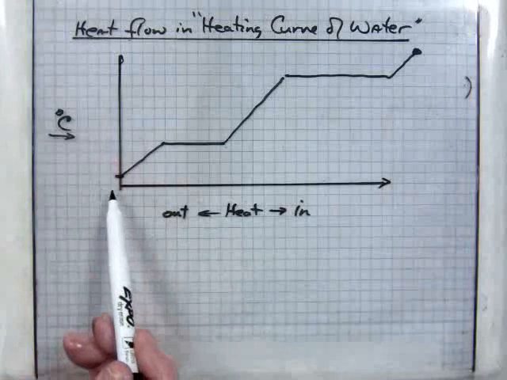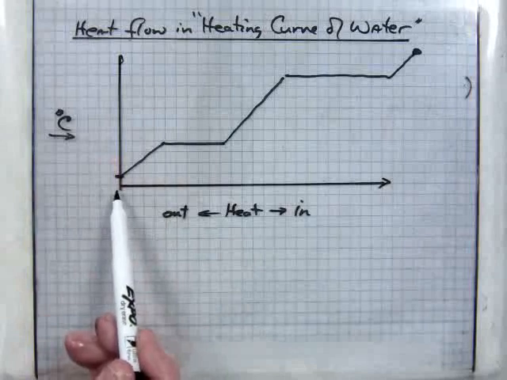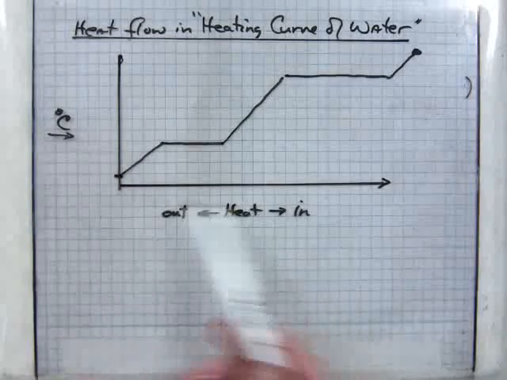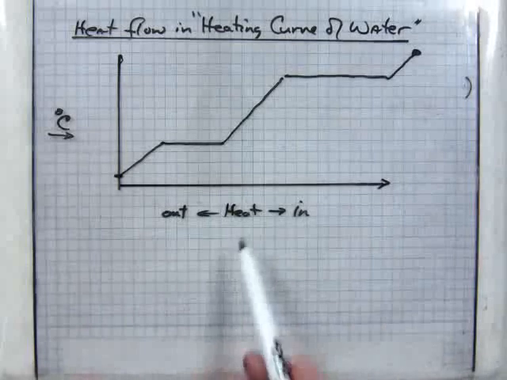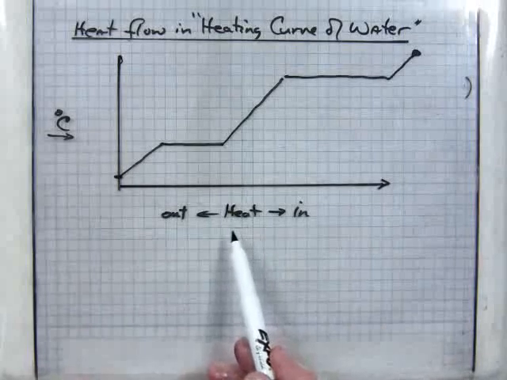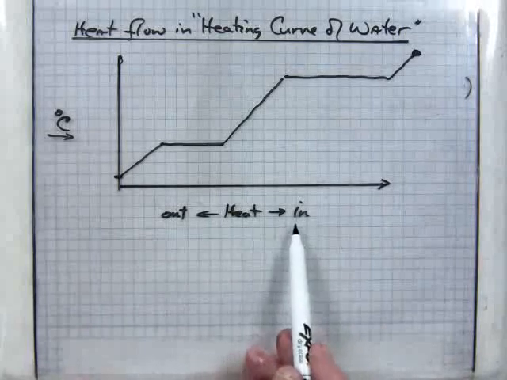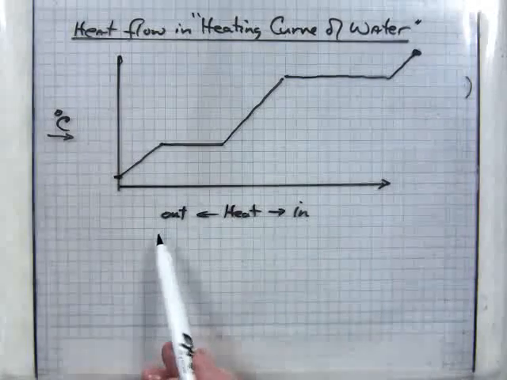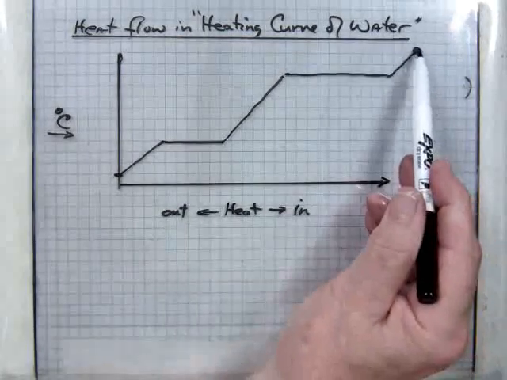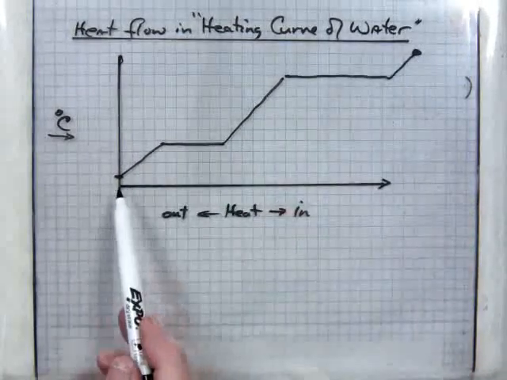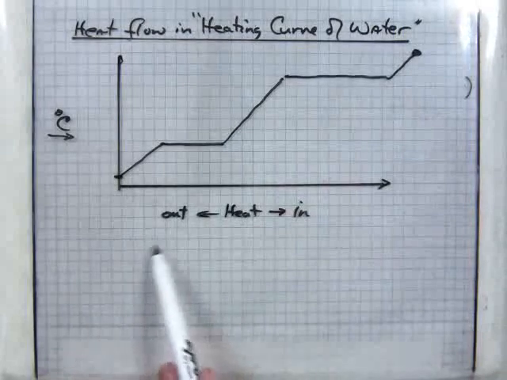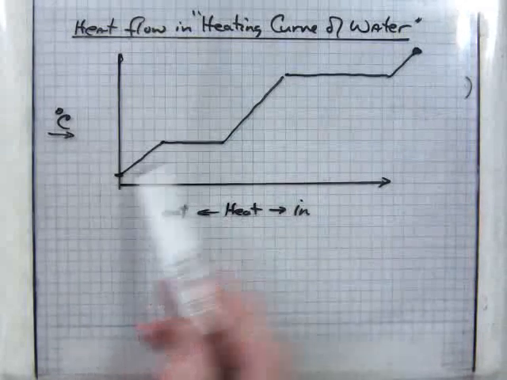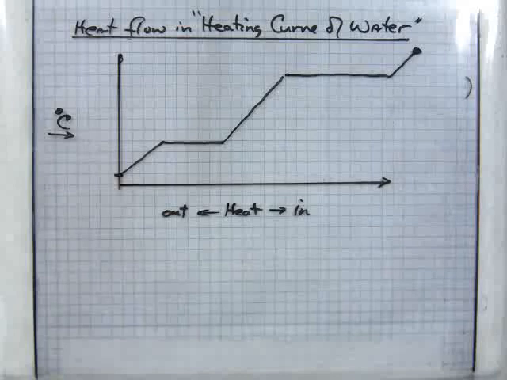Temperature in Celsius on the vertical axis and heat on the horizontal axis. Depending on which way you're going, you are adding heat to whatever you're talking about or taking it out. Taking it out would start at the high point and go back down the steps, or heat in would go from left to right. And that's the way we're going to do it.